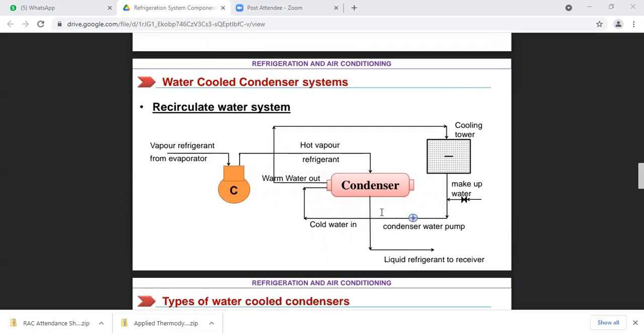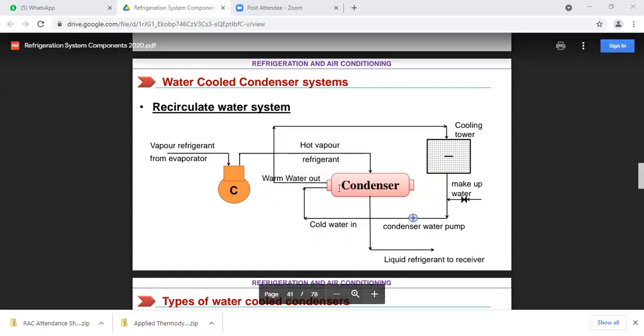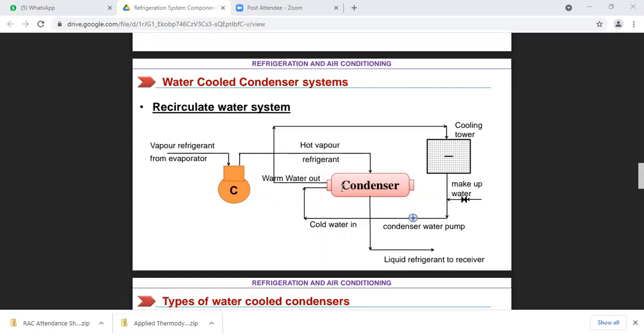So this is the path of the refrigerant. But what is the path of the other, that is, the water? If you observe, cold water is introduced inside the condenser, which extracts the heat from the refrigerant and is converted into warm water, and this warm water is again sprayed into the cooling tower.